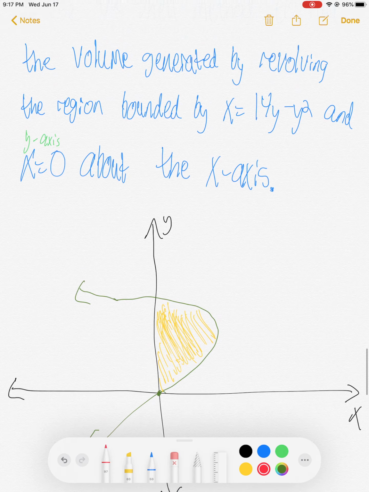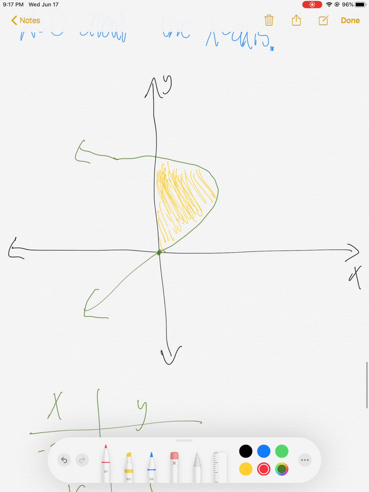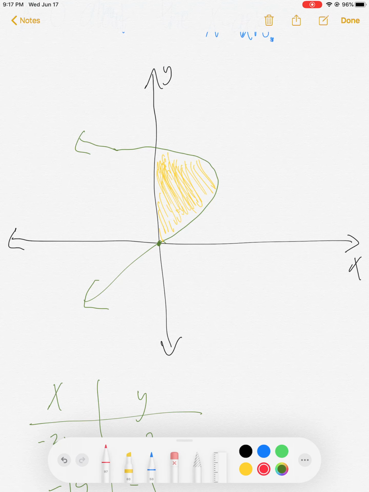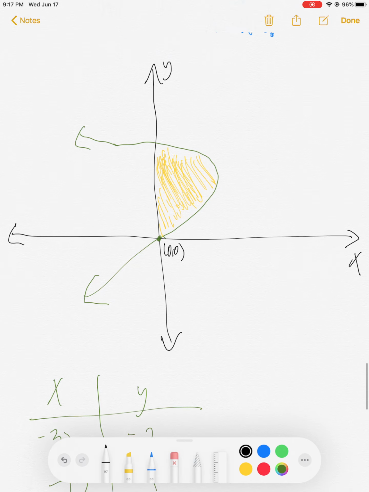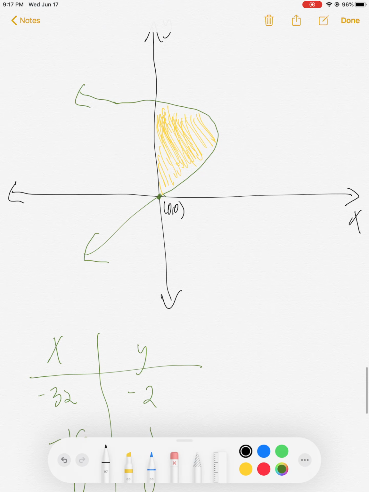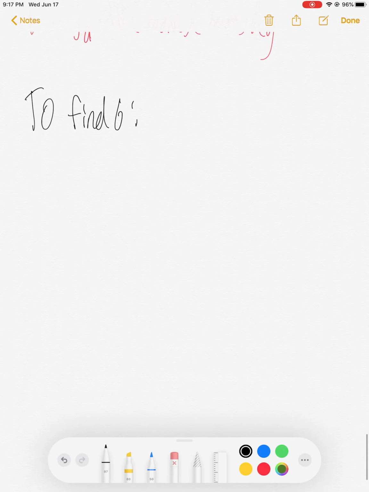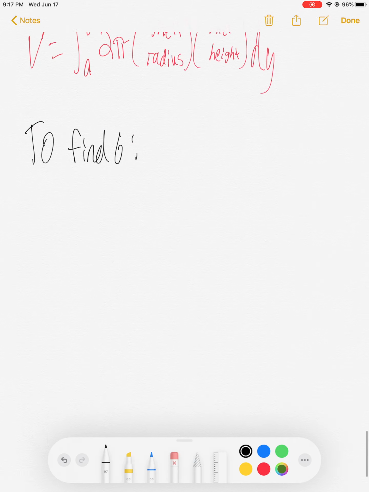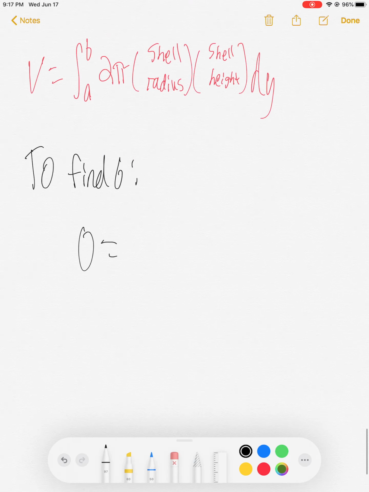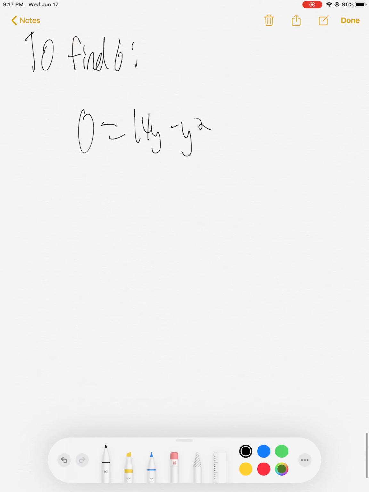Okay, whew. So first let's go ahead and find our bounds of integration. Let's start with that this time. So I know down here, this is the point 0, 0. Remember, my bounds are going to be y values. So what I want to do is to find b. Just like before, I'm going to set x equal to 0. So I'm going to set 0 equals 14y minus y squared and solve for y.